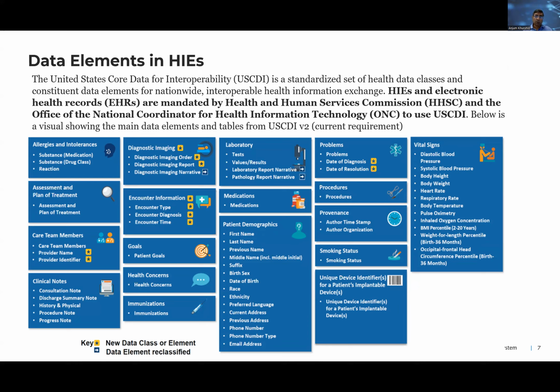However, one of the things that has been very positive is that there was a move to develop these US core data for interoperability standards, which is a set of health data categories and data elements that have been defined in detail by the Office of National Coordinator of Health IT in collaboration with industry and other stakeholders, and has now been mandated for electronic health record certification and also indirectly then to HIEs.